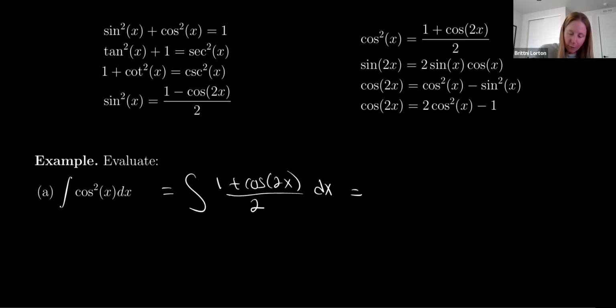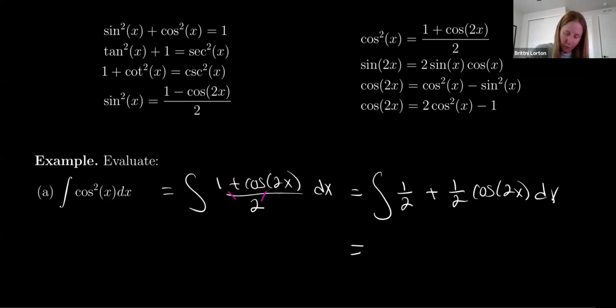And then there's a couple of ways you could do this. You could take that 2 outside the integral and make it a 1/2 outside the integral. That would be fine. Or you could break up the fraction and turn that into the integral of 1/2 plus 1/2 cosine of 2x dx. And then you can do the antiderivative of each one of those. So 1/2 x plus, then this 1/2 is a constant multiple.